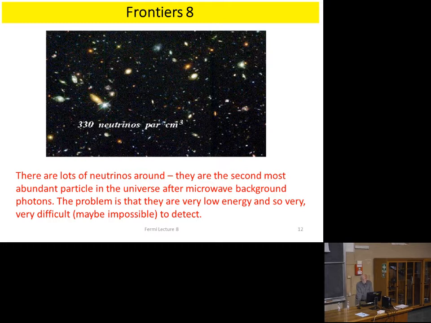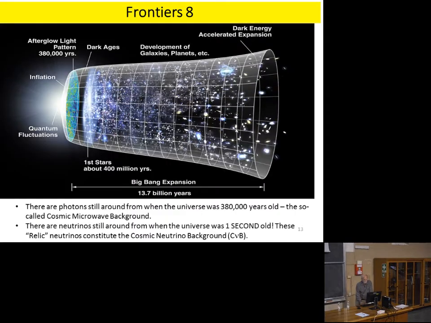The most abundant are the photons in the cosmic microwave background. The problem is that the neutrinos, as I said, are so low energy that despite the fact that they're so abundant, they're very difficult, at the present time impossible, maybe not impossible forever, to detect.